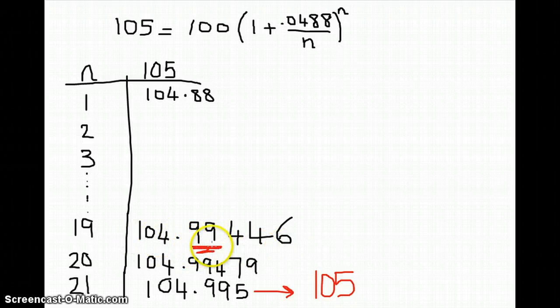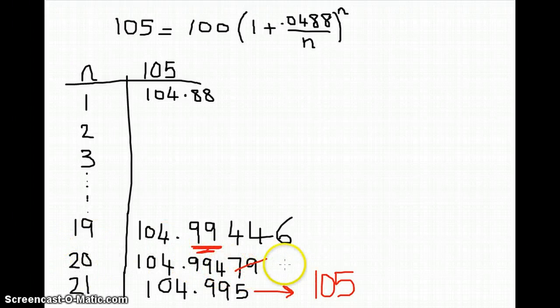So that's 99 right here, because that 4 won't bring that 9 to 10. At year 20, it starts to get really close, because if we're rounding to 3 decimal places, that's like 995, right?